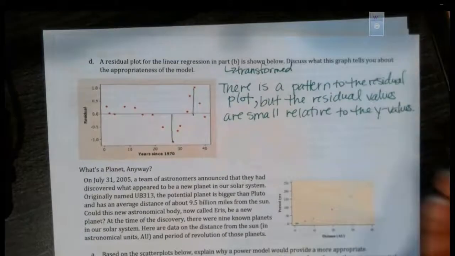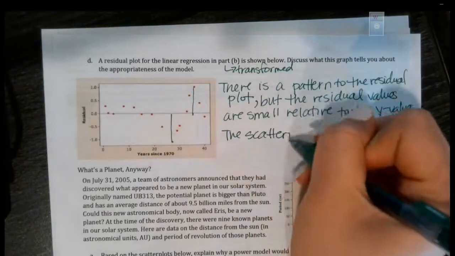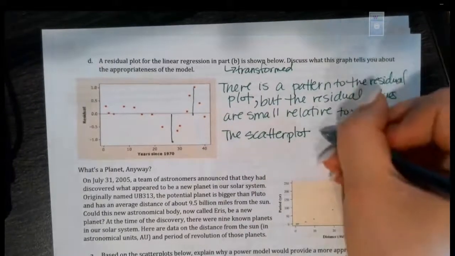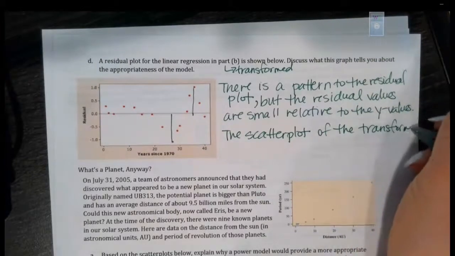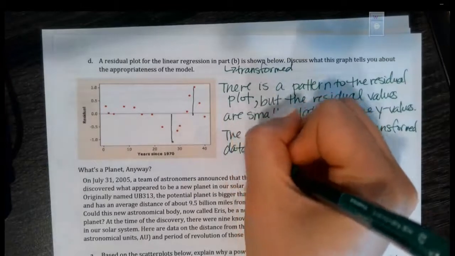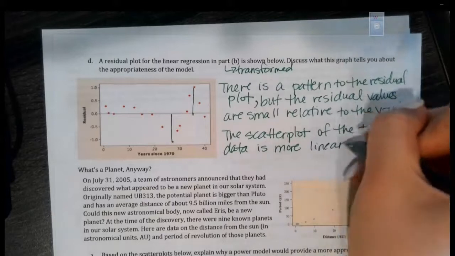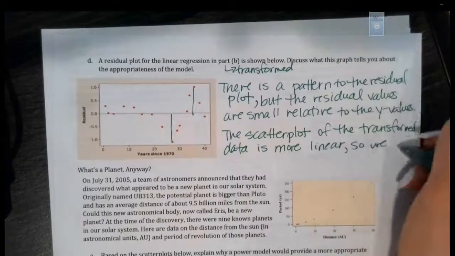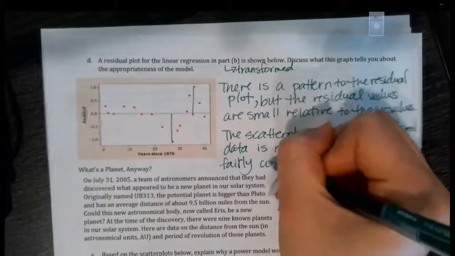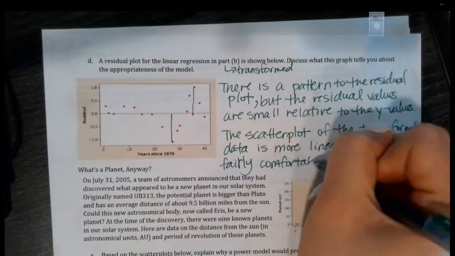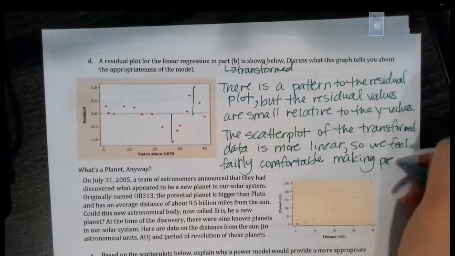All right. So the scatter plot of the transformed data is more linear, so we feel fairly comfortable making predictions.